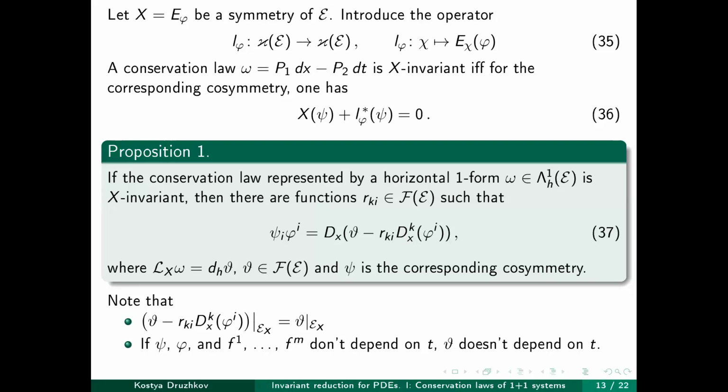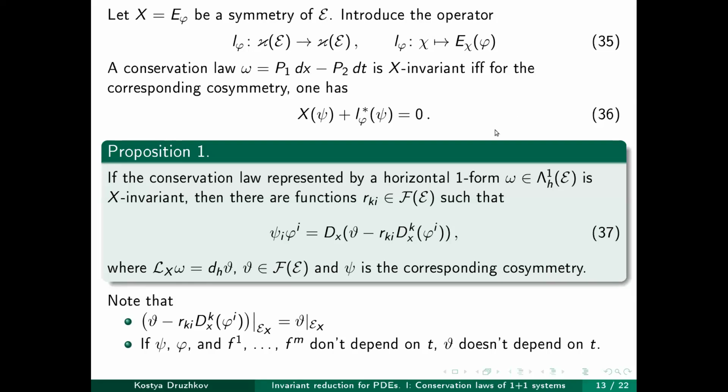Note that the argument of this total derivative leads to the same concept of invariant motion, in the sense that its restriction to the equation manifold coincides with the restriction of theta itself on the epsilon X, the system describing X invariant solutions. And if the characteristic phi and the functions on the right-hand side of the original system don't depend on T explicitly, then theta doesn't depend on T as well.